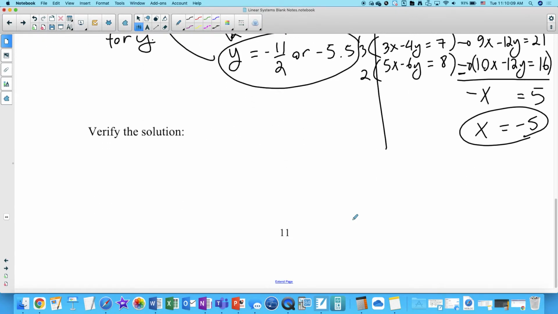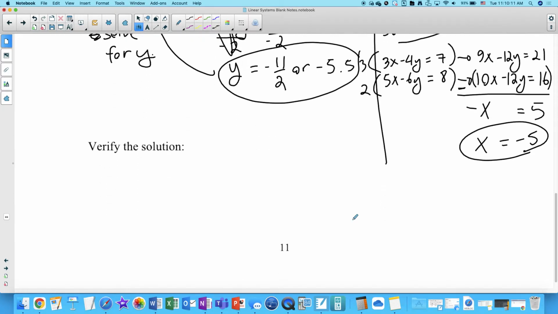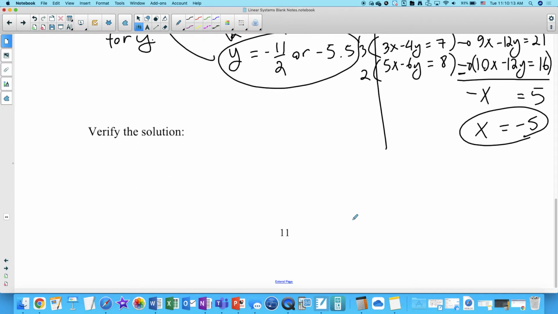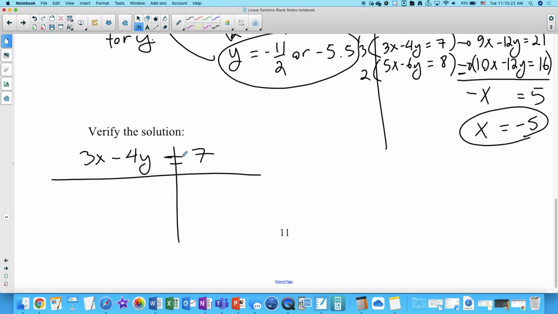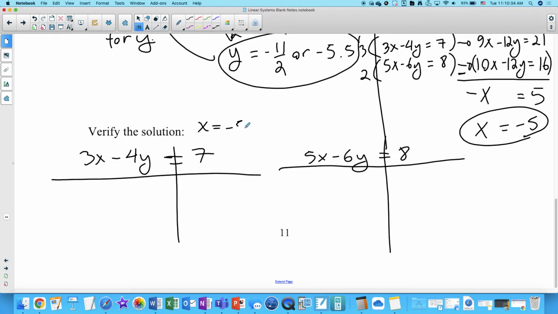Okay, so I'm going to start with the originals, and the originals were 3x minus 4y equals 7. And the other one was 5x minus 6y equals 8. And I'm going to plug in the values negative 5 for x and negative 5.5 for y.